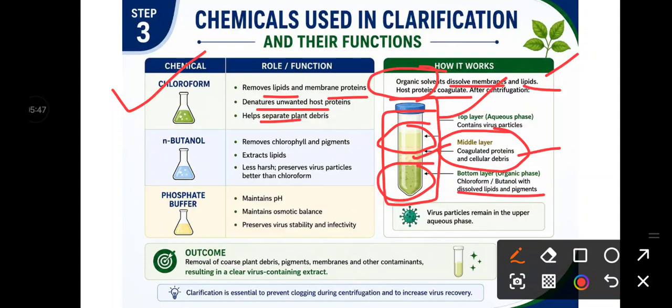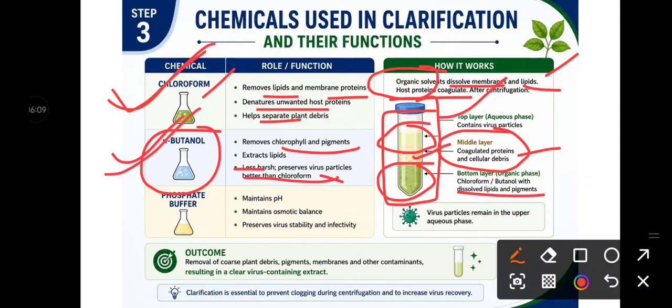Similar things are done by butanol, and butanol also removes the chlorophyll, but butanol is actually more efficient than chloroform. It is less harsh and preserves virus particles better than chloroform. Remember these two compounds, they are very important.